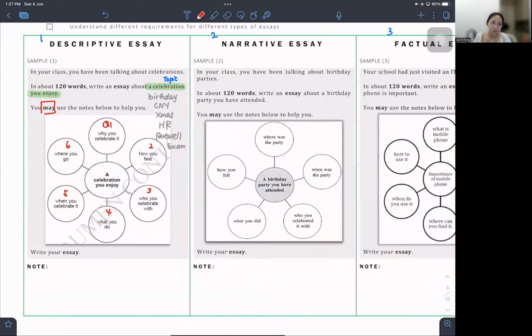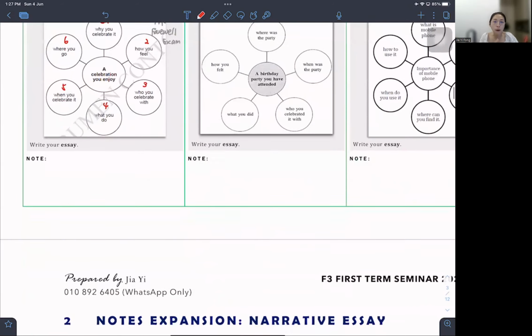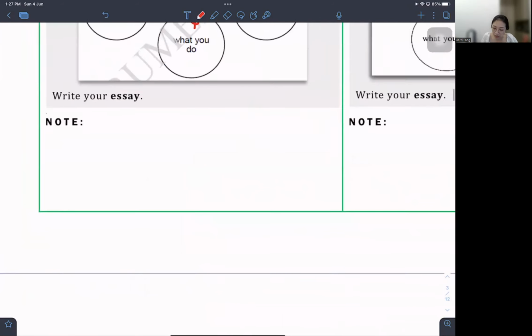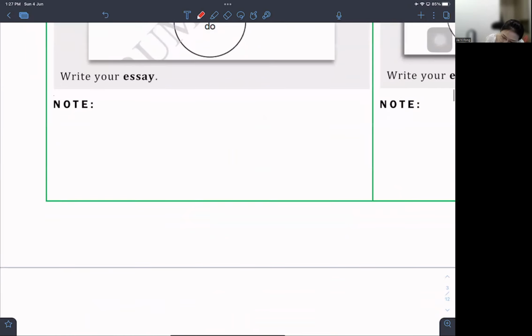Okay, so now that we know what a descriptive essay is, you need to describe this event, this celebration. To get high marks for your communicative achievement, you need these 2 things. Come, write it down. Number 1, you must have the ability to describe the topic in detail.